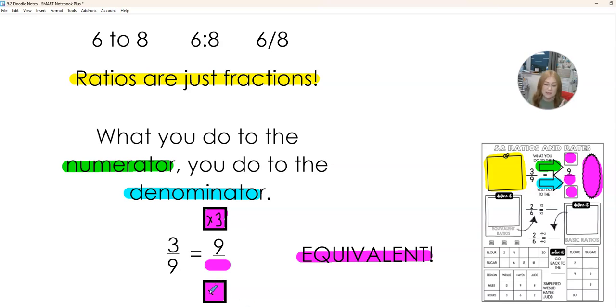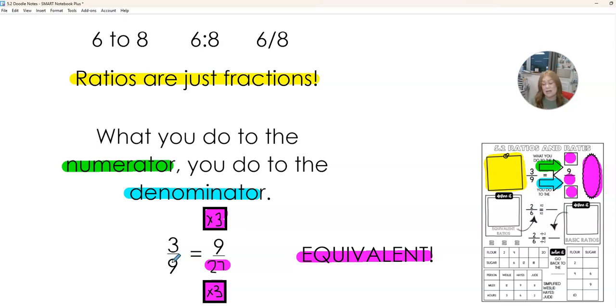So 9 times 3 is 9, 18, 27. So these two fractions are equivalent. What we do to the numerator, we do to the denominator. 9/27 is equivalent to 3/9.